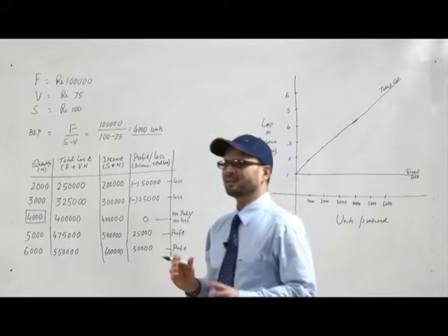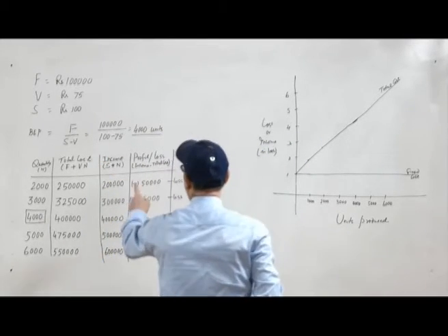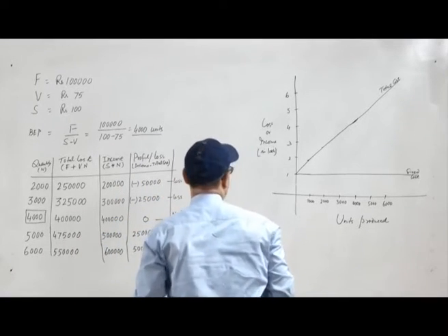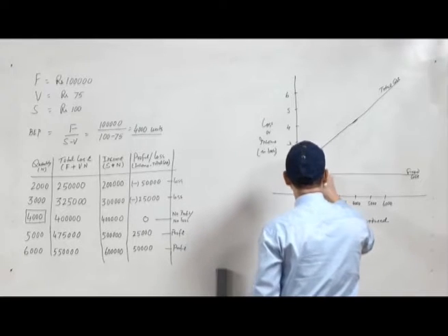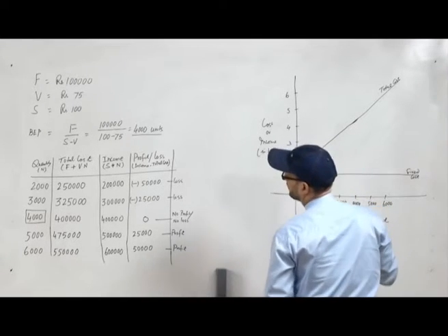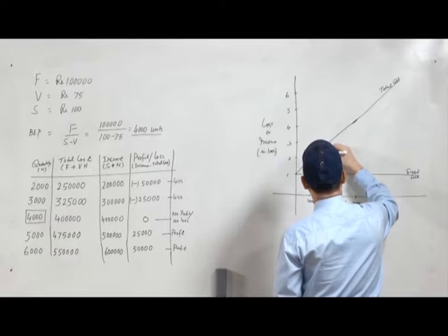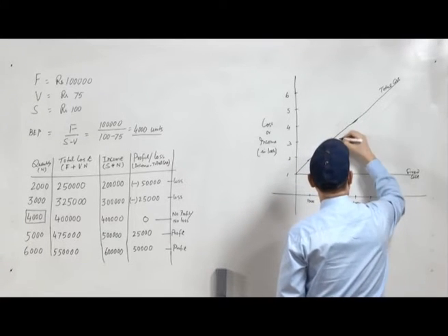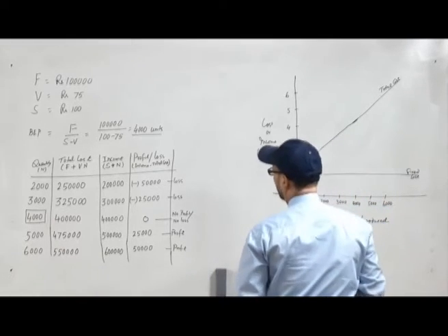Now, we have the income line. If the income is shown for 1000 units, it is 1 lakh. For 2000 units, it is 2 lakh. For 3000 units, it is 3 lakhs, and for 4000 units, it is 4 lakhs.